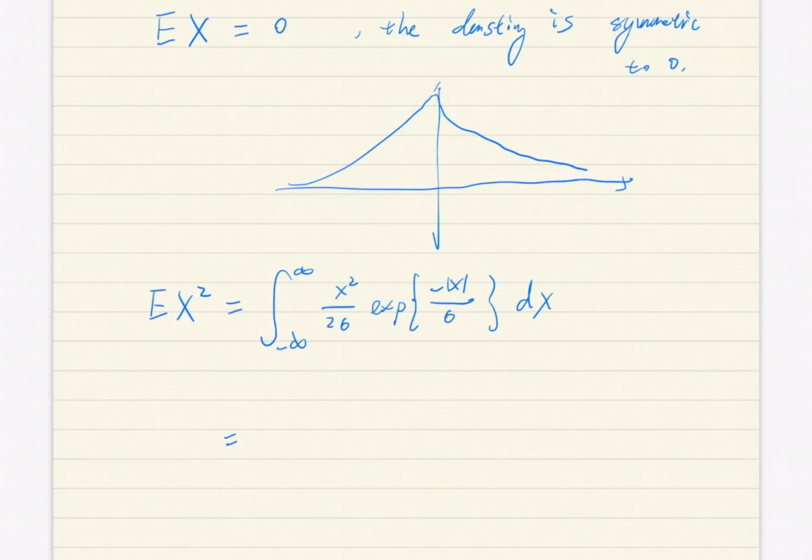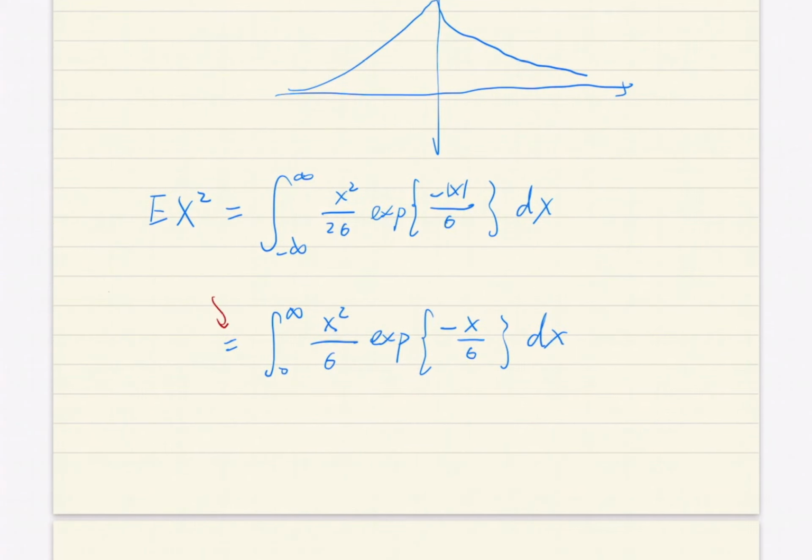Because they are symmetric, it equals twice the integral over the positive side. This is because the density and x squared are symmetric about 0. Okay.